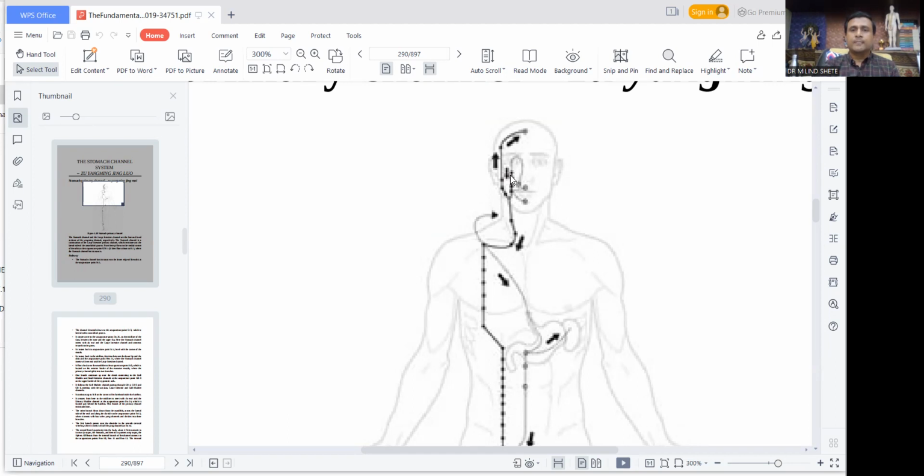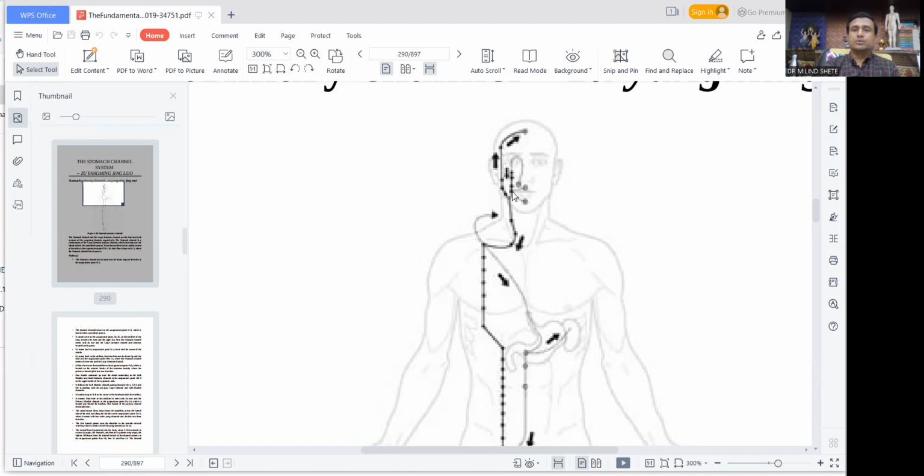Then it comes to the center of the infraorbital ridge, from where it descends downwards, comes to the nasolabial groove at ST3, where it crosses the midline inside and meets the point GV26 and spreads on the gums of the upper jaw, and it also goes to the esophagus.